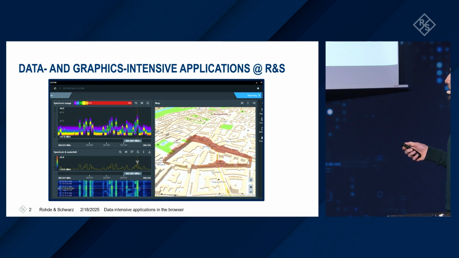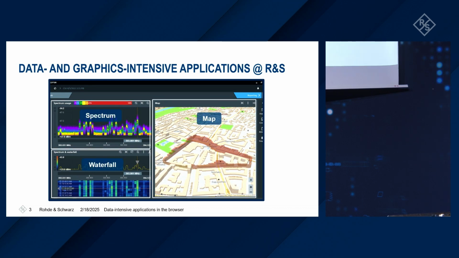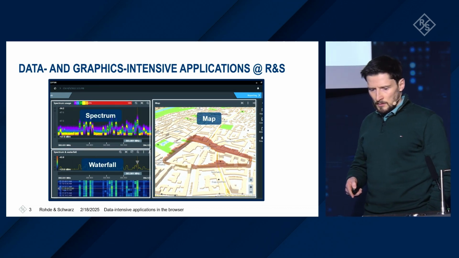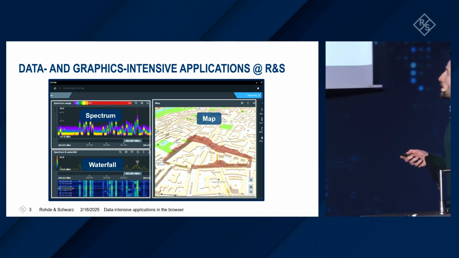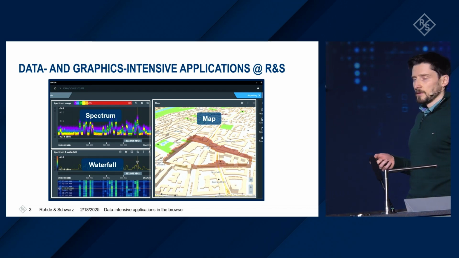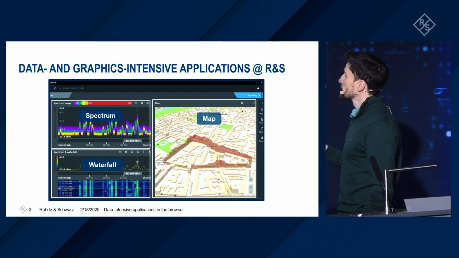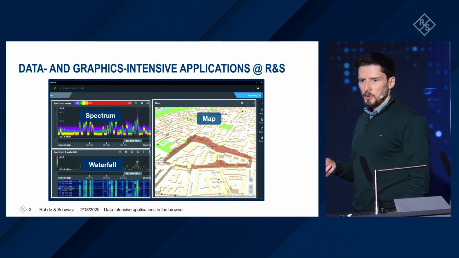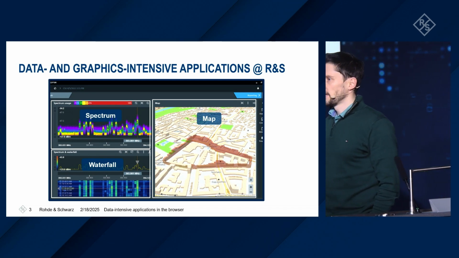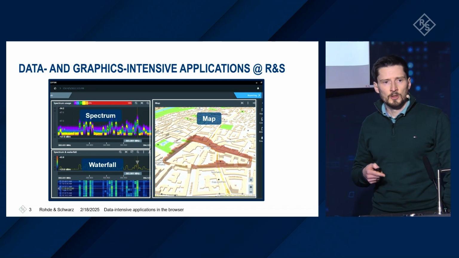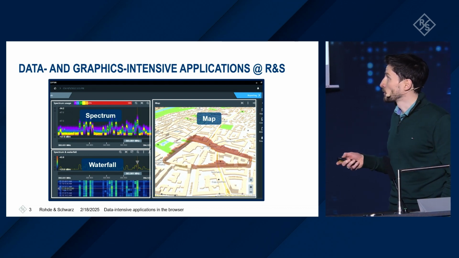And when we look at the user interface of Sceptor, you see on the left side the components which are responsible for processing and visualizing the so-called radio signals or the spectrum.